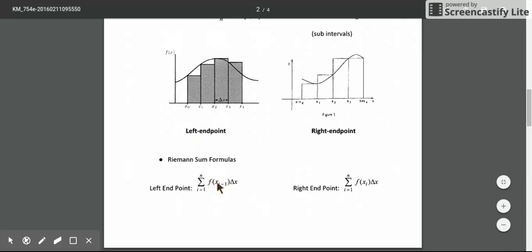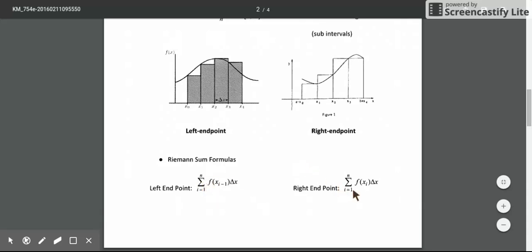So I know that I'm plugging in the left endpoint into my function to evaluate it, which is going to give me the function's value on the left side here, since I'm using the left endpoint. And then we multiply that by our change in x, or the width of the rectangle, and so we have height times width. And so that's basically what it's saying. And then we're going to sum up all the areas, so that's why we use sigma.